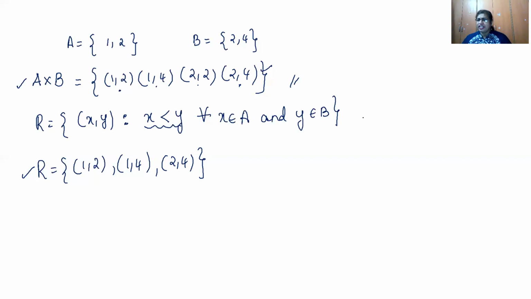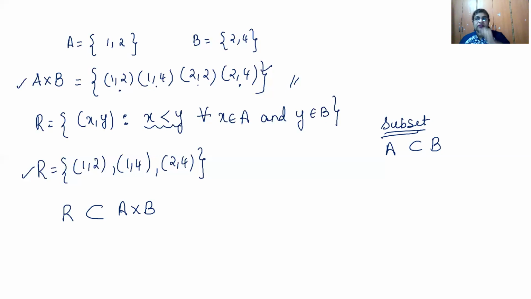Recall the definition of subset. We say a set A is a subset of B if every element of A is an element of B. In the same way, I can say R is a subset of A cross B.